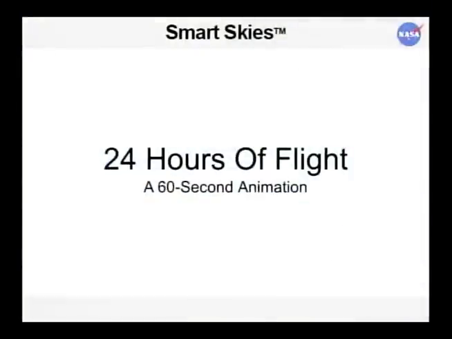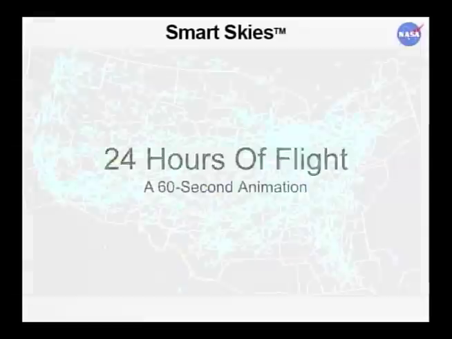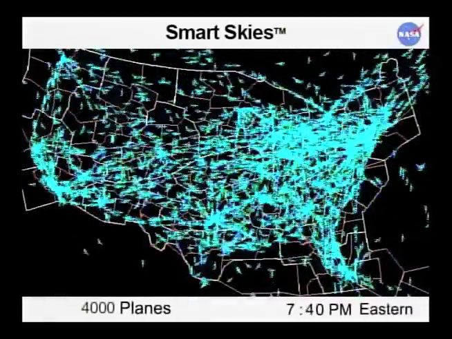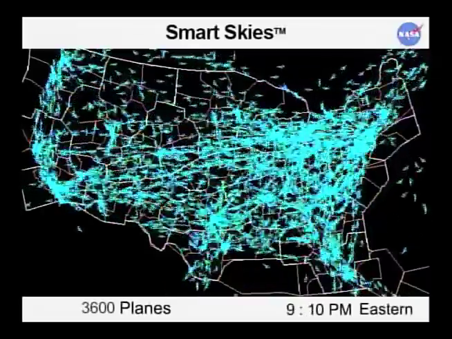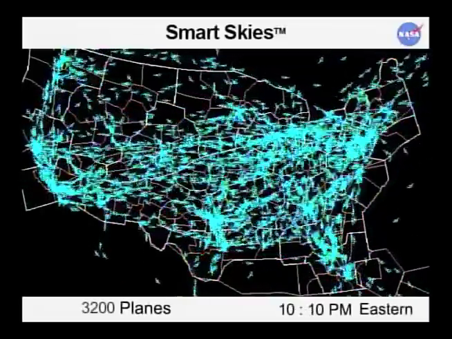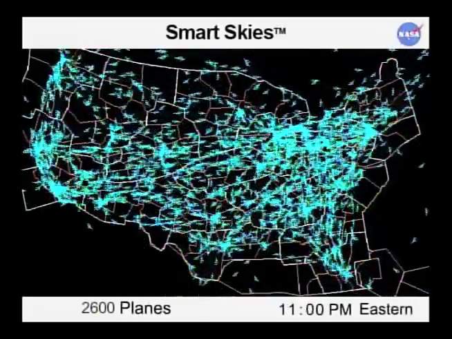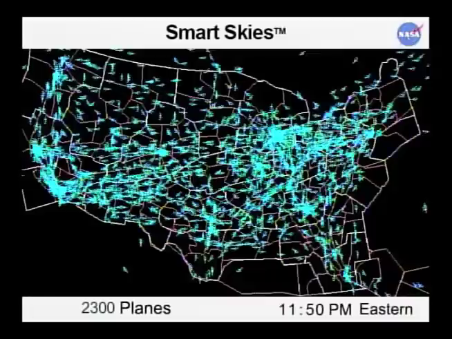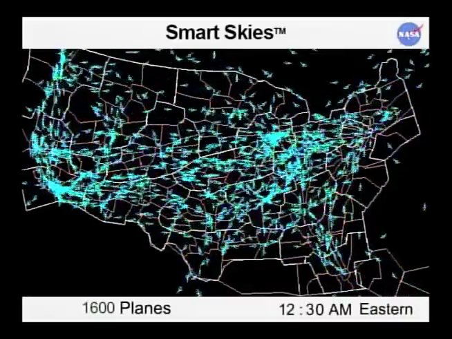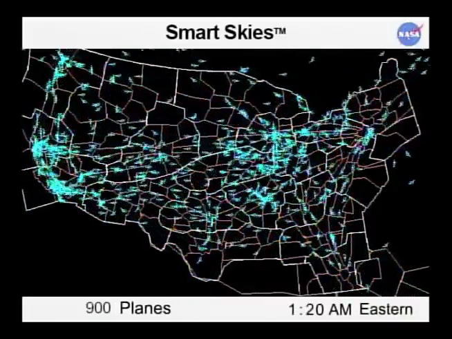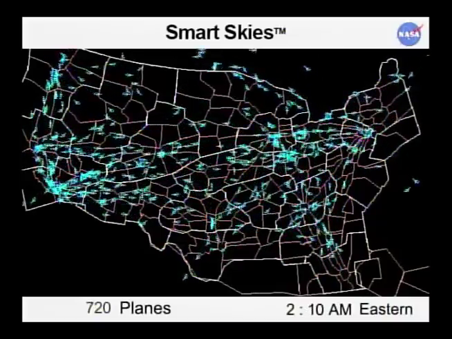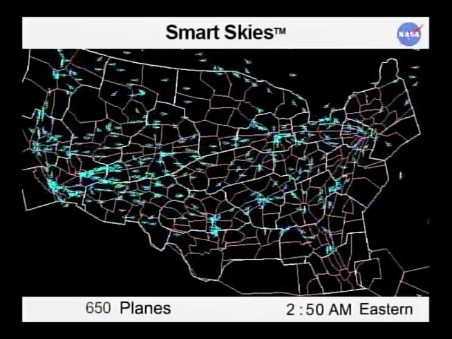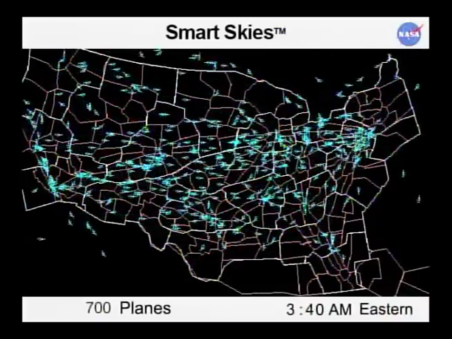Welcome to a day in the life of air traffic over the U.S. We start by looking at the air traffic at 7 p.m. East Coast time. You can see that the airspace is populated with aircraft across the country. Before long, the skies gradually begin to clear. Most of the remaining flights are the red-eyes, headed east. Watch Memphis and Louisville.